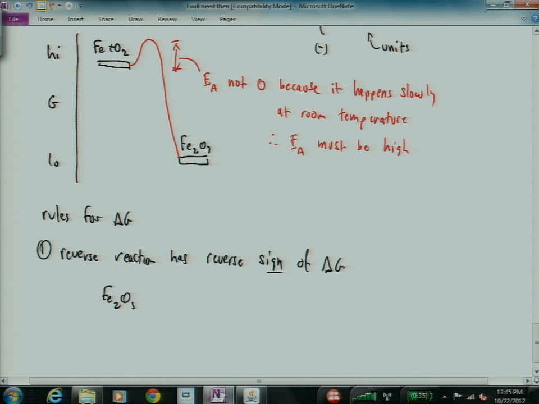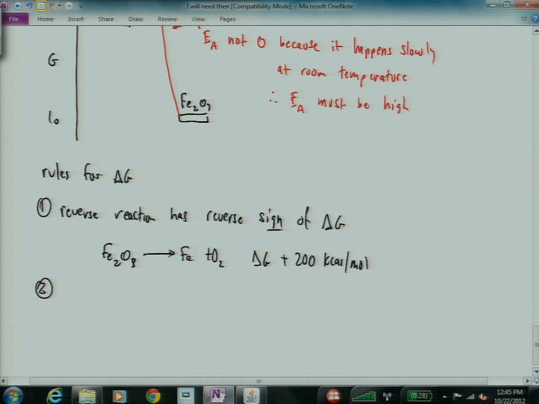Right? So you can use them sort of algebraically. And delta G's can be added.